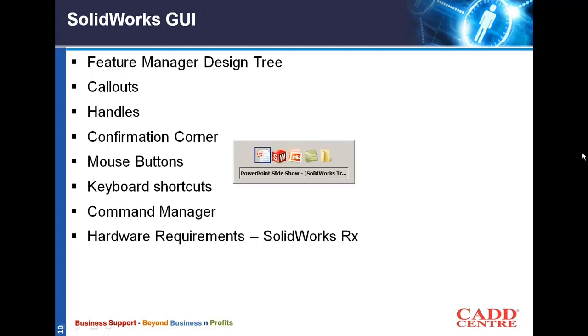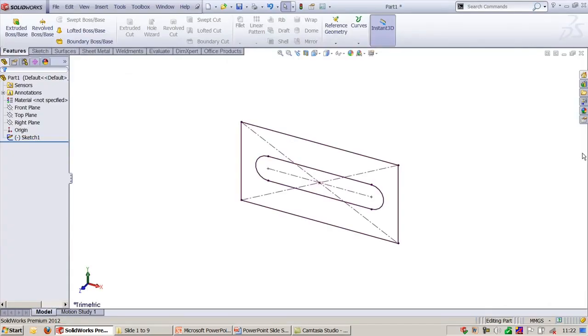Now let us jump into the SolidWorks application. This is the graphical user interface of SolidWorks. Here, the first thing I was saying about SolidWorks is that it is exactly similar to Microsoft Office products.